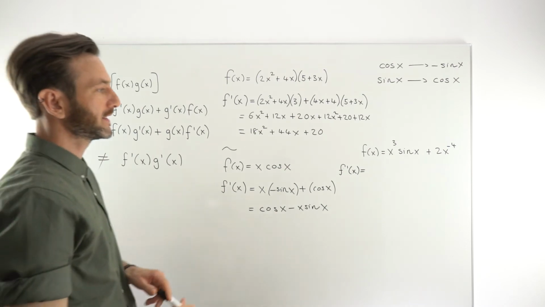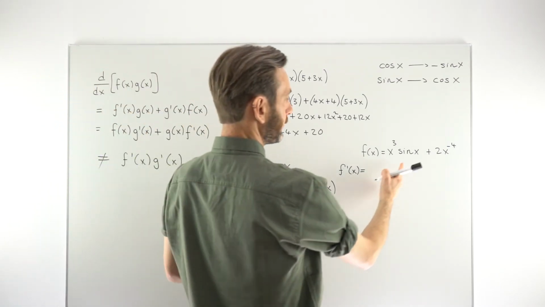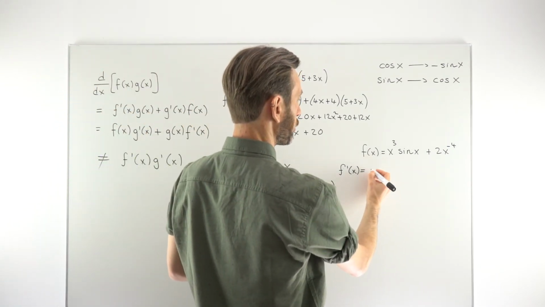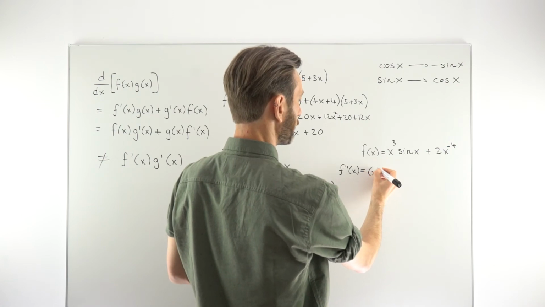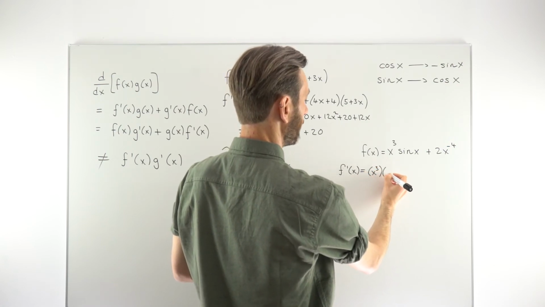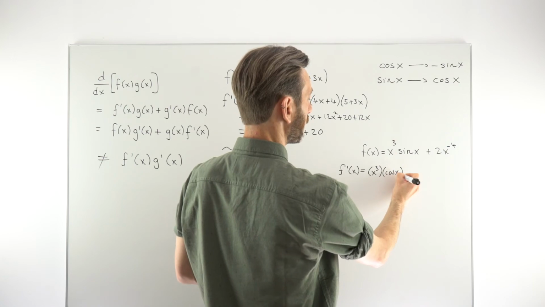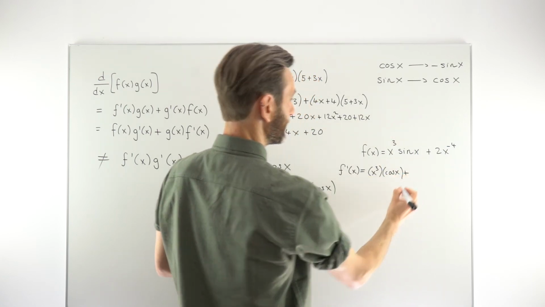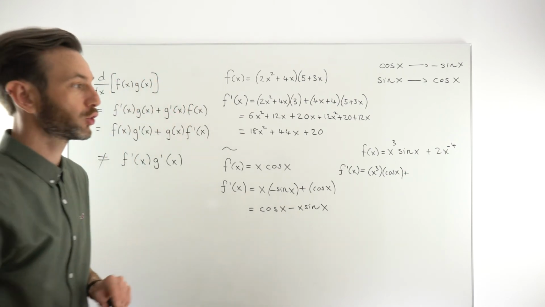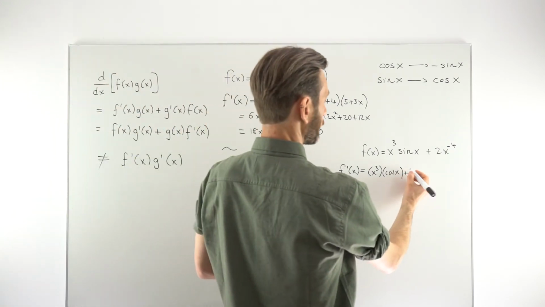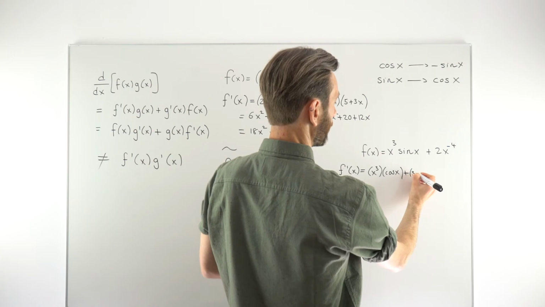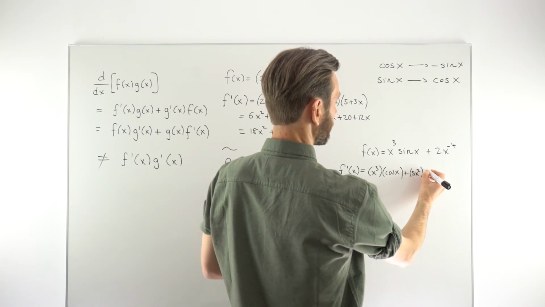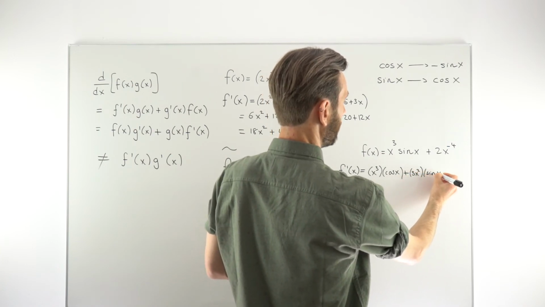Okay, so we're going to take the derivative of the second function and multiply it to the first. So the first function is just x cubed. Derivative of sine is cosine x using our rule from up here. And then it's going to be adding that to the derivative of the first function, which is 3x squared, times the second function, which is just sine x.